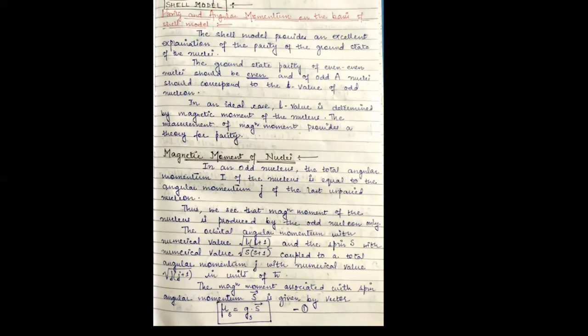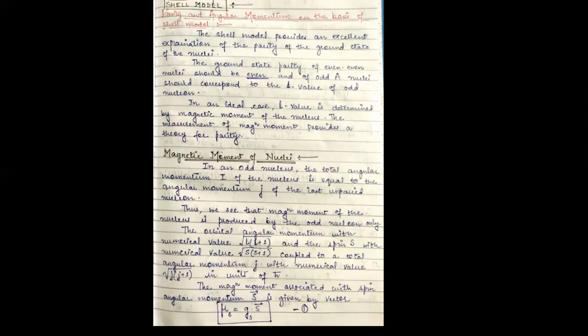Thus we see that the magnetic moment of the nucleus is produced by the odd nucleon only, with the orbital angular momentum of numerical value under root L into L plus 1, and the spin with the numerical value under root S into S plus 1, coupled to a total angular momentum J with the numerical value under root J into J plus 1, in units of h bar.